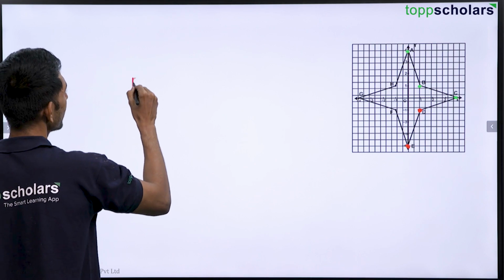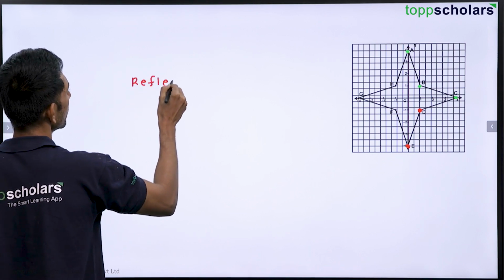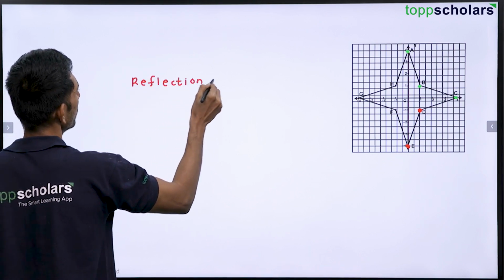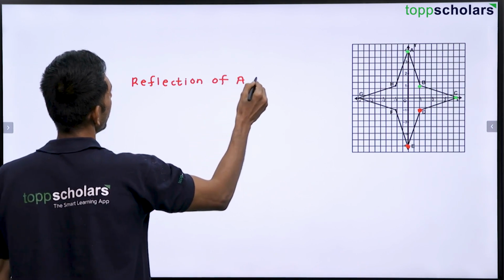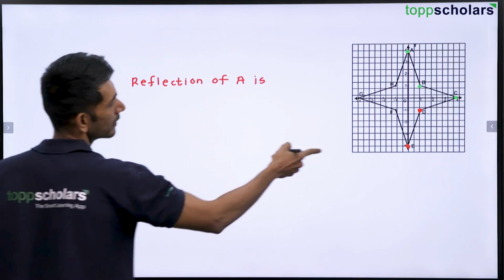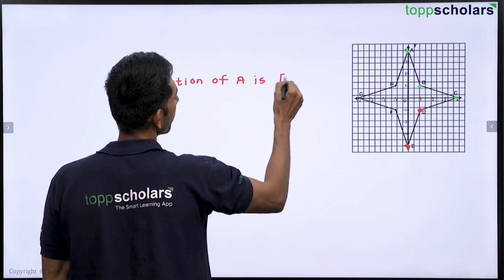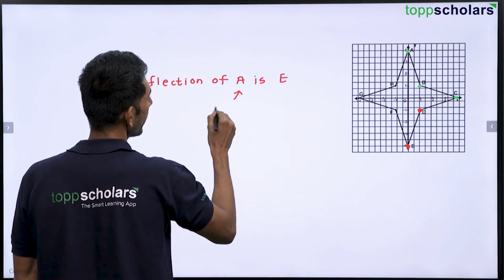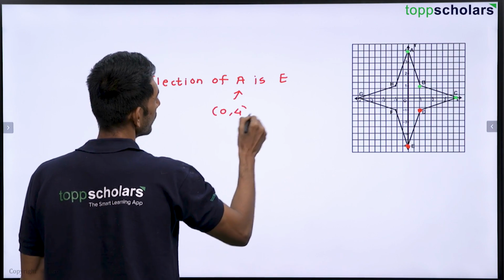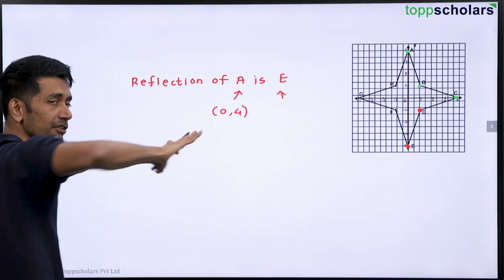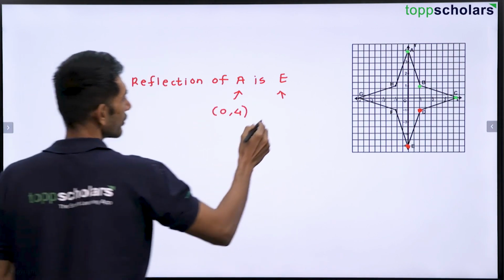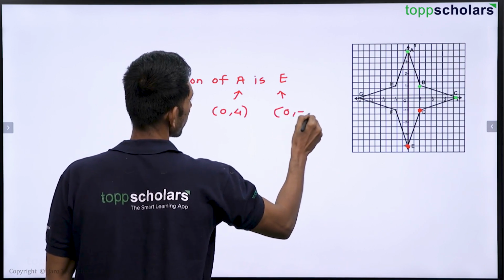So we can say reflection of A is E, right? What is A? A is 0, 4. So obviously, under x-axis, x remains same, y changes. So this is 0, -4.